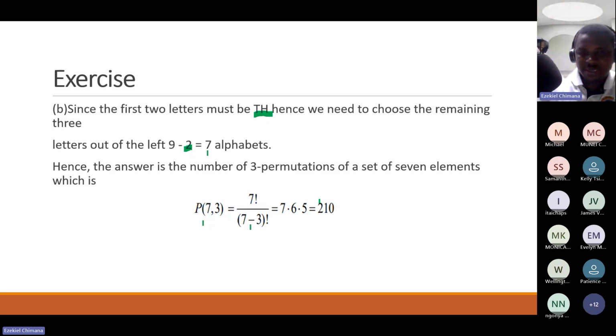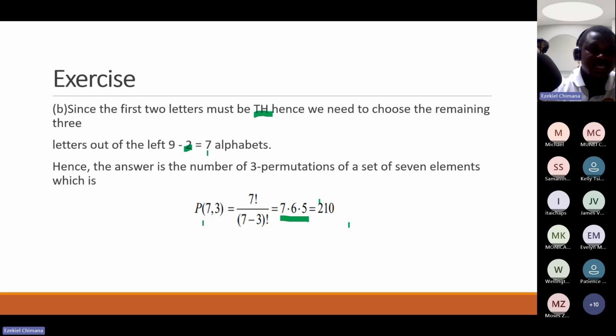And then 7 minus 3 is 4 factorial, which is 4 times 3 times 2 times 1. So that part you cancel with the top part. You'll be left with only 7 times 6 times 5 as your answer, which gives you 210 ways. So that's how you can do permutations.